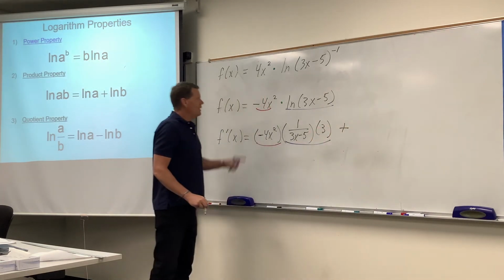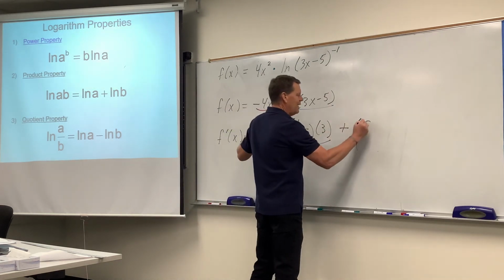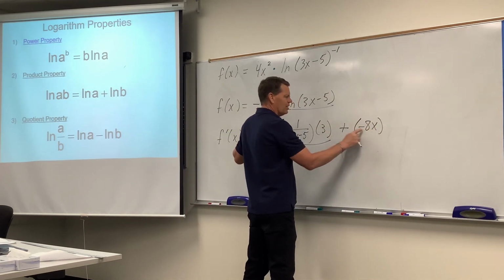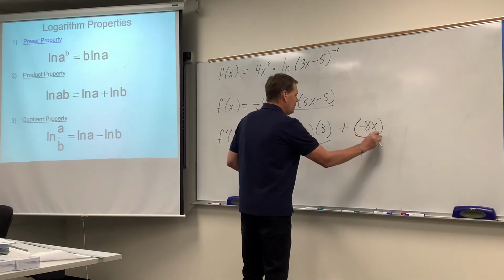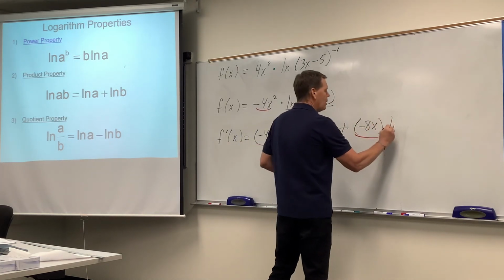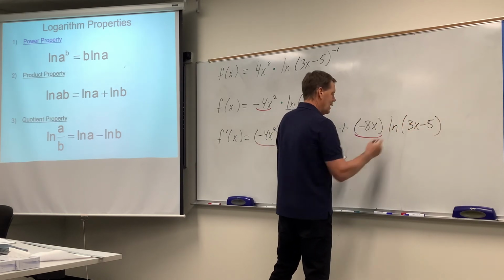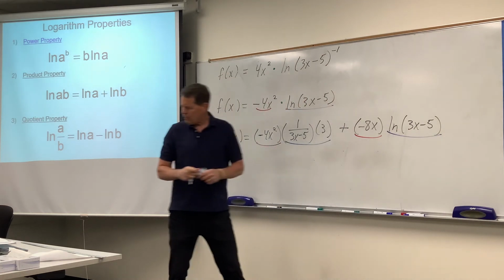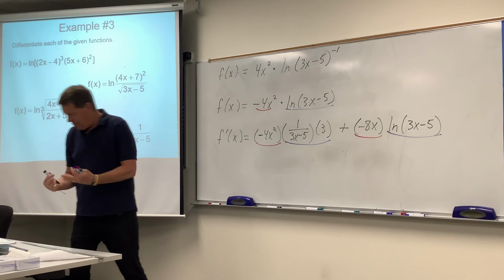Plus, now you do the derivative of this one, which is simply negative 8x. I get it that the combination of the plus minus would make that minus. That's okay, don't worry about the cleanup. And then natural log, that one already had a term being a derivative, so it just transfers down as is, doesn't it? So I believe that takes care of all of the examples on example 3.